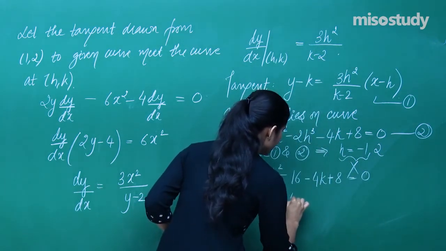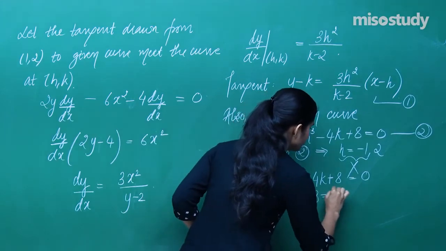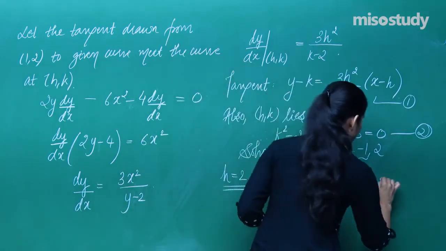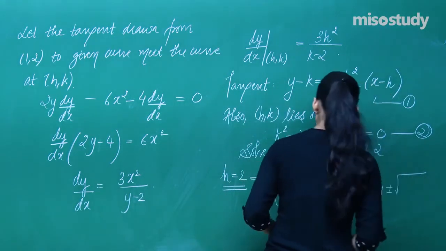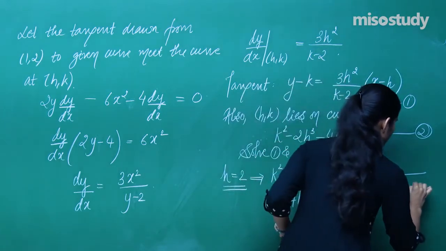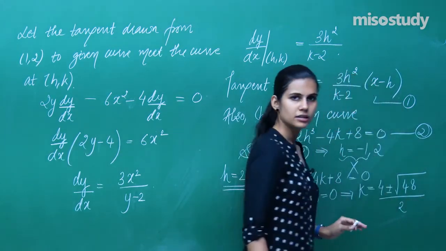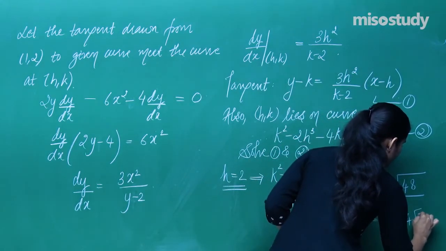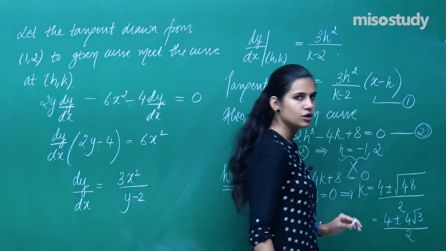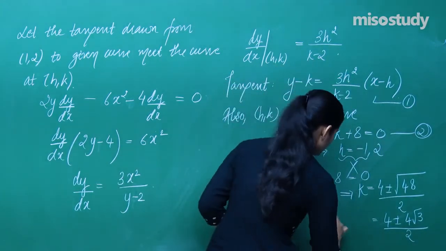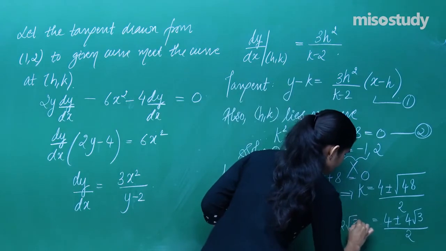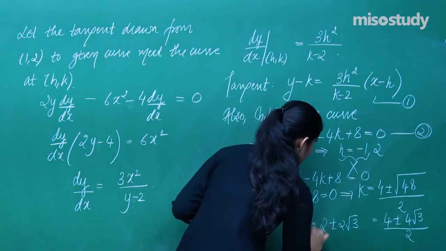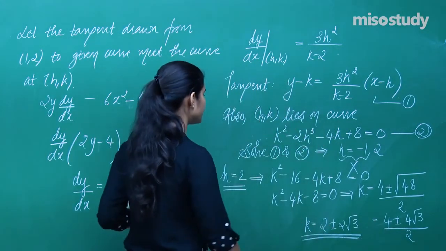This gives you k square minus 4k minus 8 is 0, which implies k is, just apply the quadratic formula, 4 plus minus root over 48 by 2. 48 becomes 4 root 3. So you get 2 plus minus 2 root 3.